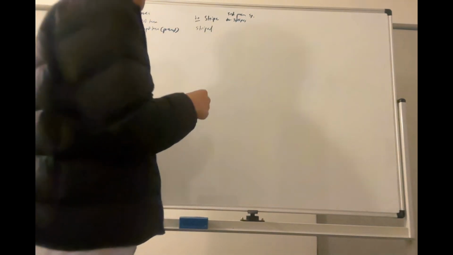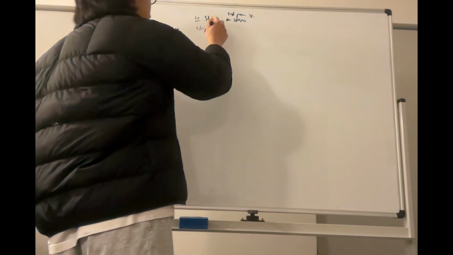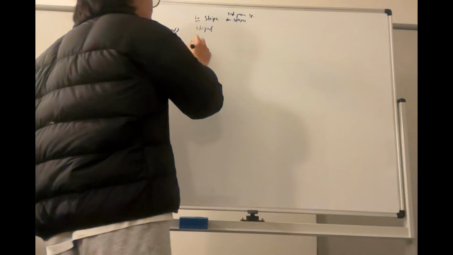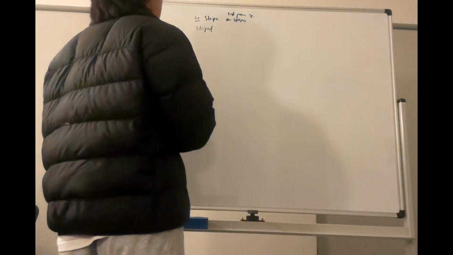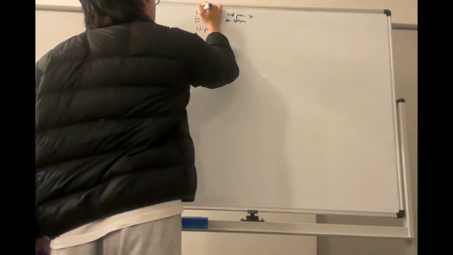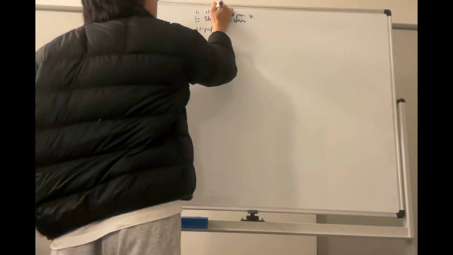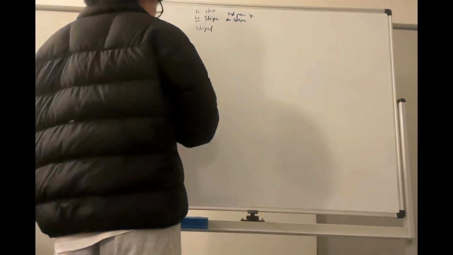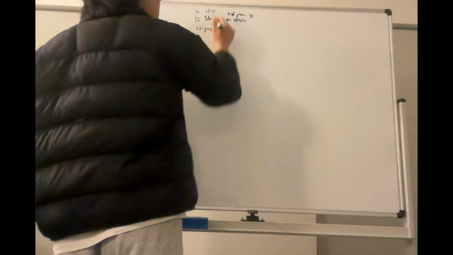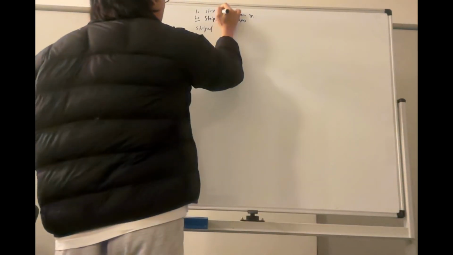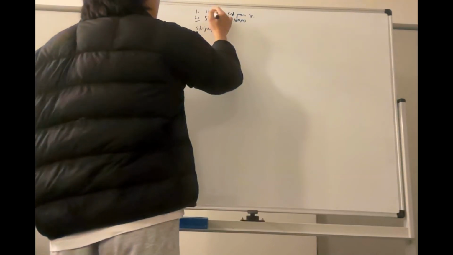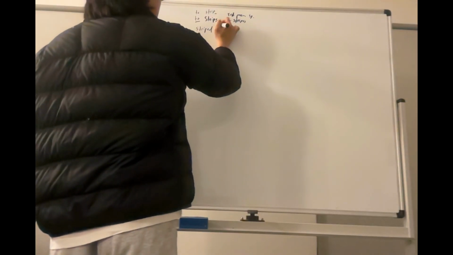So the difference between to stripe and to strip is that this is a tense vowel. This is a tense vowel, and this is not, right?